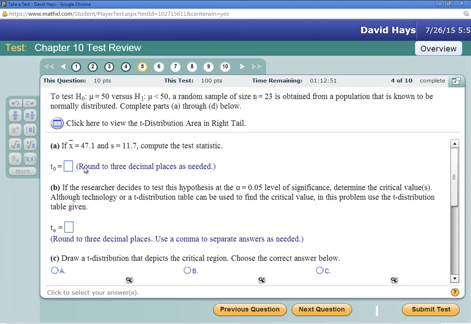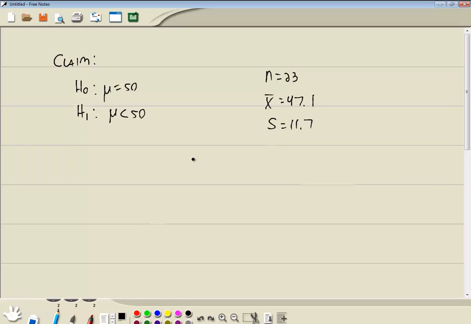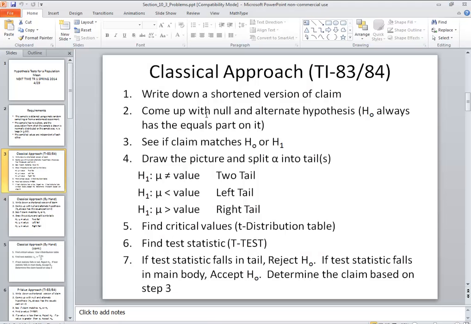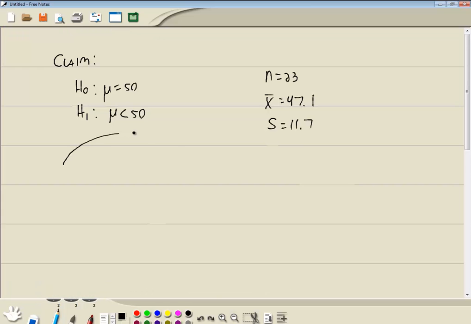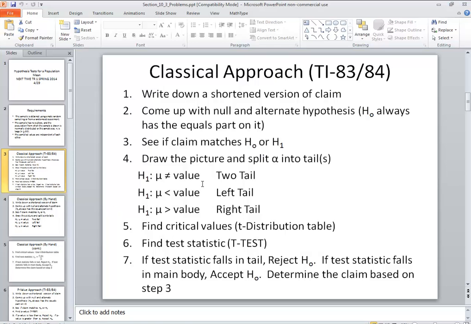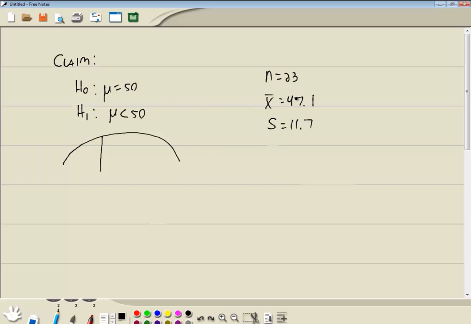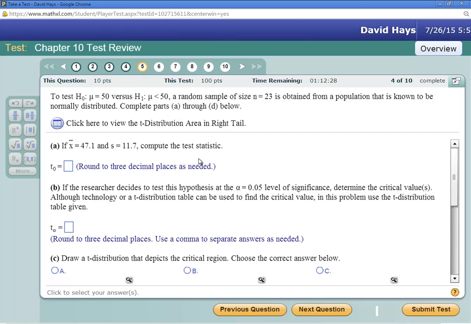Okay. So to find our test statistic, we got this. Okay, see if your claim matches H naught. We don't got a claim. Draw the picture. Less than, it would be over here. And then we want to split our alpha into the tails. What is alpha?